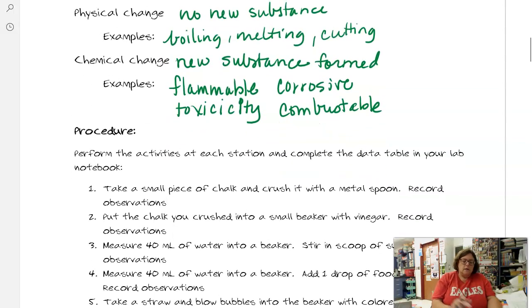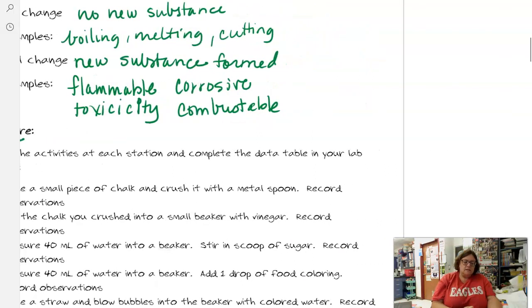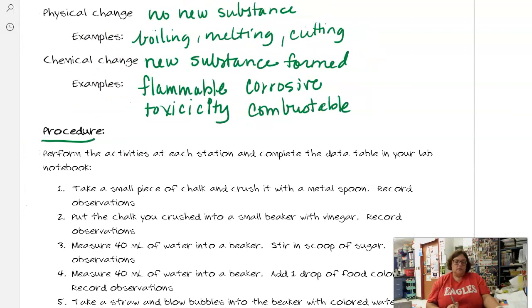All right. Now write a heading of procedure in your lab notebook, and we're going to do these activities. I think I've said to you before, we're going to draw things because I think that helps make it a little more concrete.